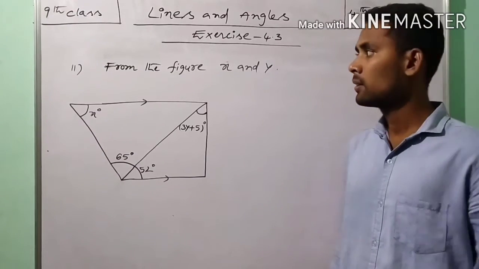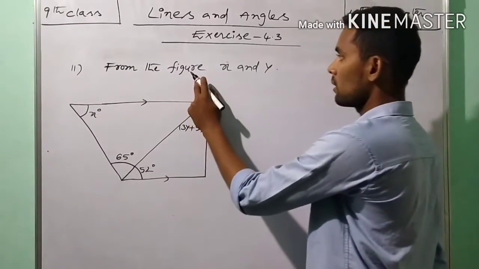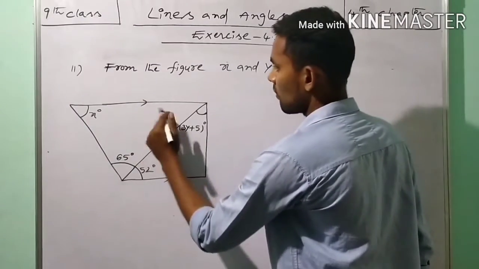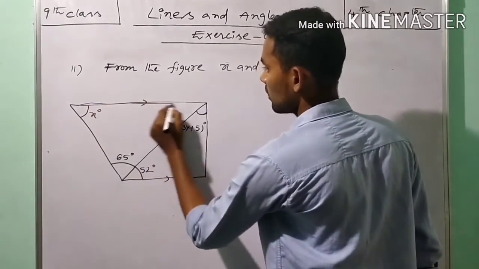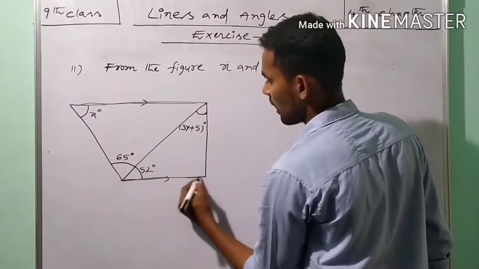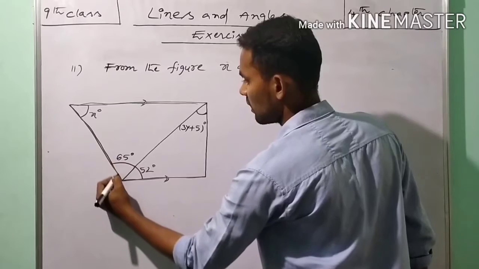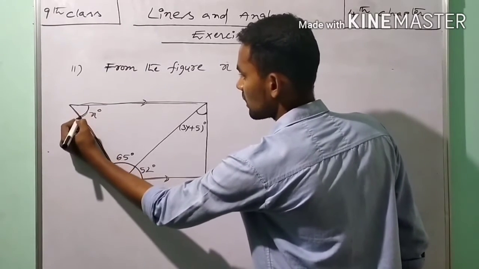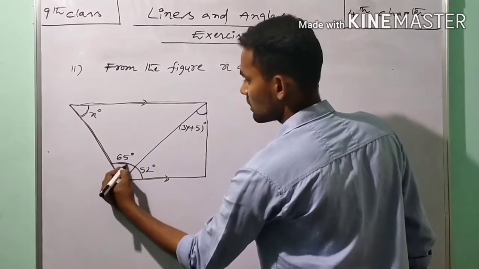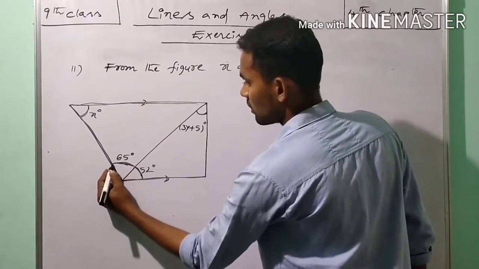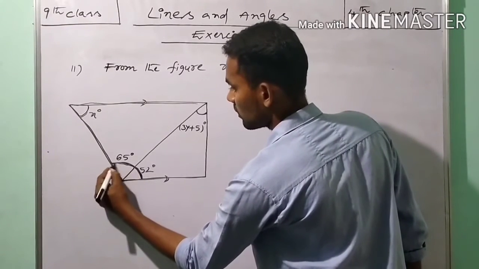11th bit, from the figure find x and y. In the given figure, these are parallel lines. This line is transversal. This angle is x. This angle is 65 degrees. This angle is 52 degrees. Sum of two angles.